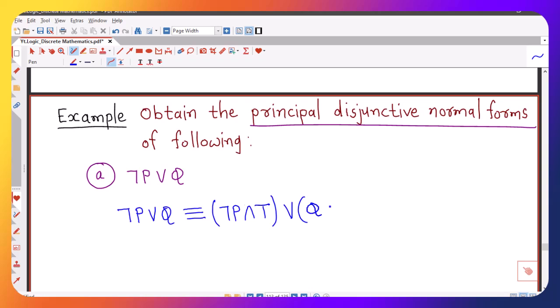Similarly, q is equivalent to q and T. So whenever I have only single variable, to obtain min term I will start with this. I will consider negation p and T, which is always equivalent to negation p. Similarly, q is equivalent to q and T.